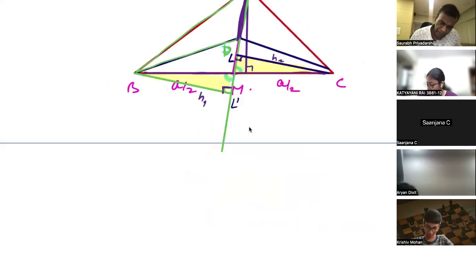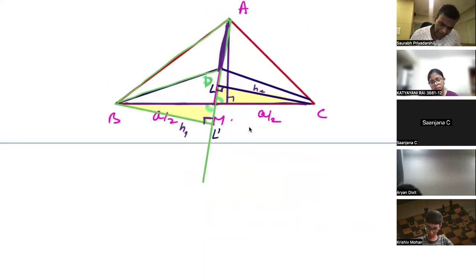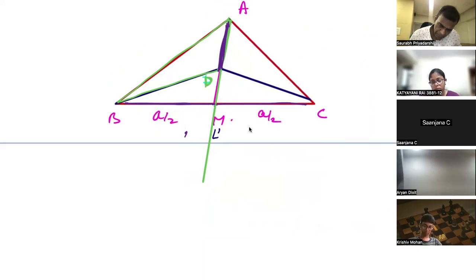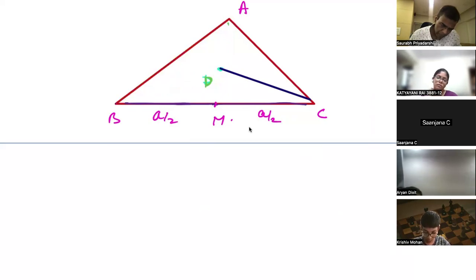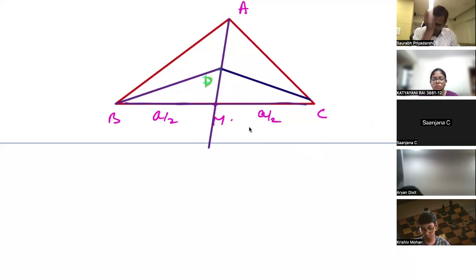And these are the simple things, just for the starting. This is the median passing through M.